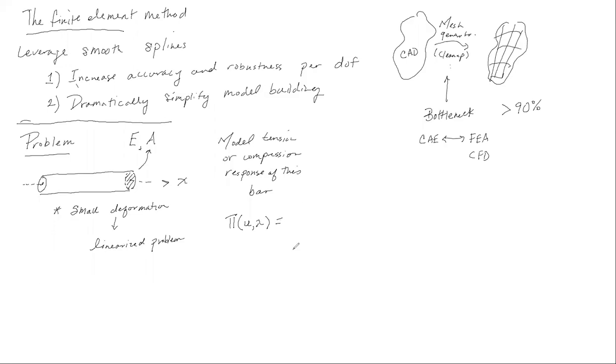And it's going to be equal to, in more general terms, I want to introduce some notation here. The following integrals, the derivative of u with respect to x squared.